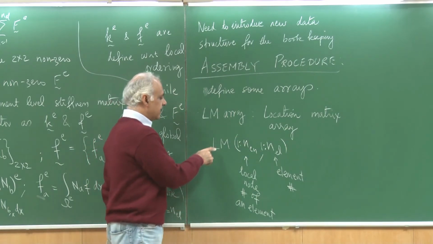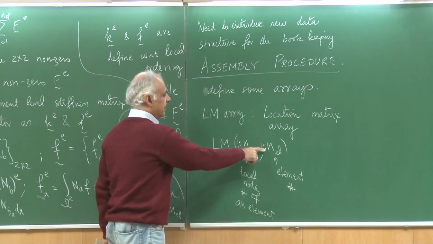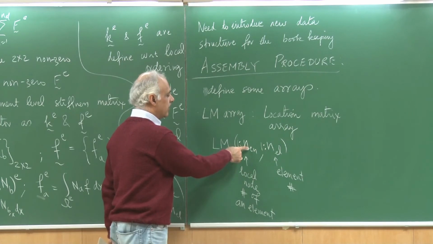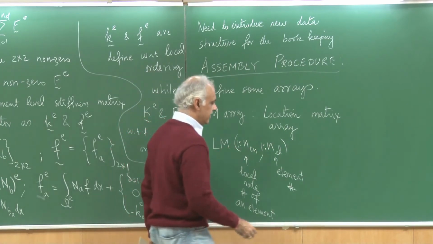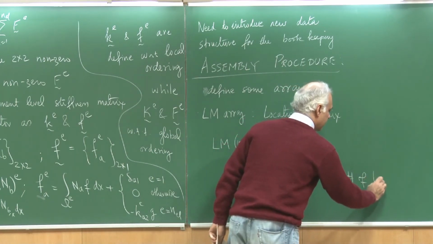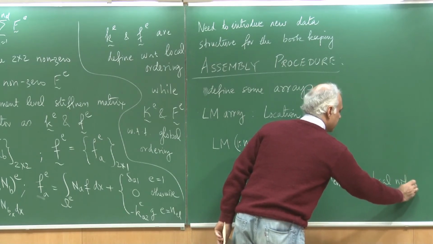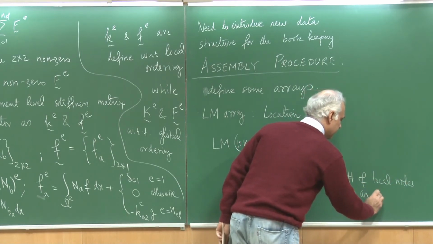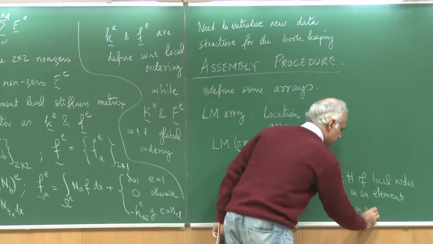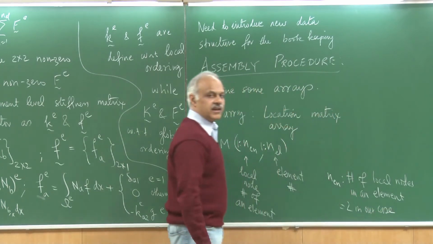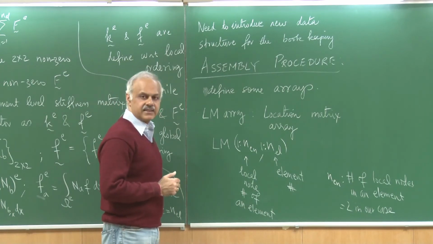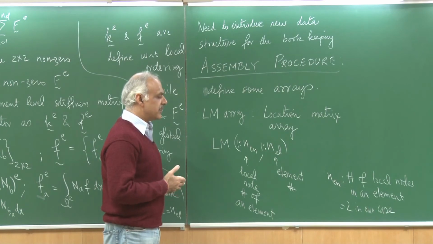So, the idea is that if I am inside an element, let us say E, it has 2 local nodes, local node 1 and local node 2, and NEN is the number of local nodes in an element. This actually is 2 in our case, because we have chosen a linear finite element space. If we choose, let us say, a piecewise quadratic finite element space, possibly NEN can be 3.